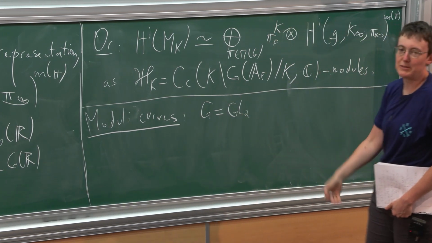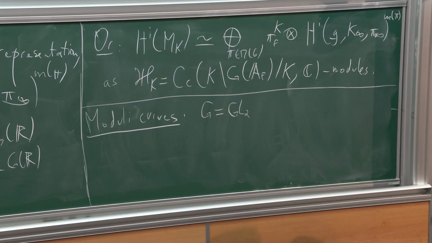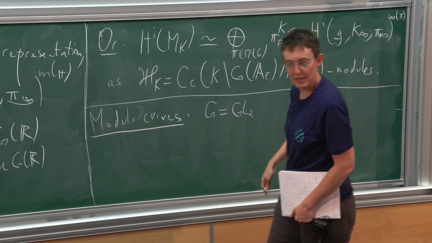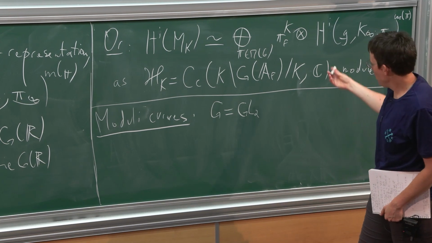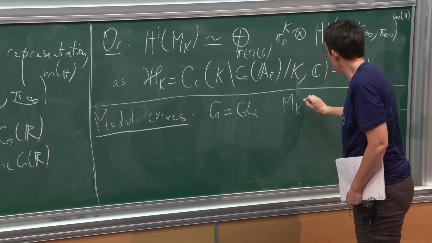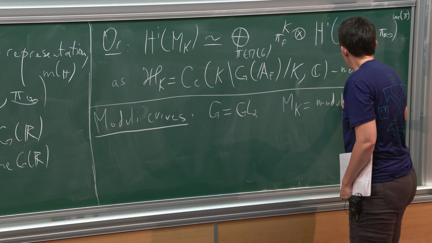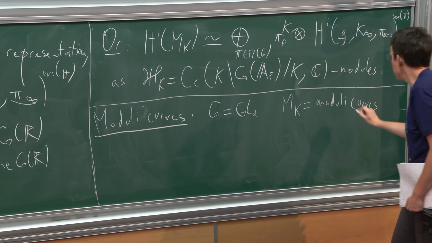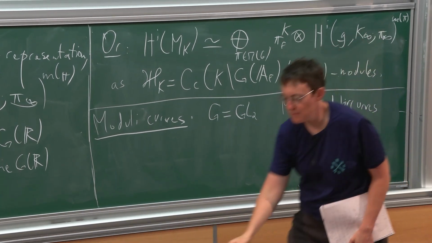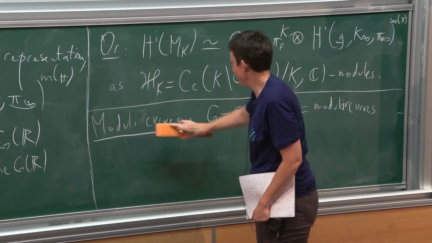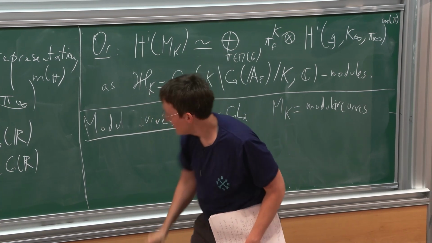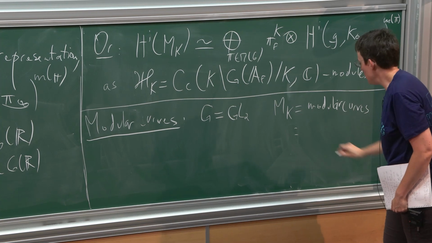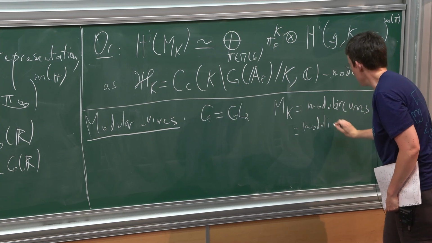GL2 is not anisotropic, but, see previous remark, there's a generalization to GL2 of this. So if G equals GL2, then these varieties MK are modular curves, not moduli curves, I'm anticipating. Modular curves are moduli spaces of elliptic curves.